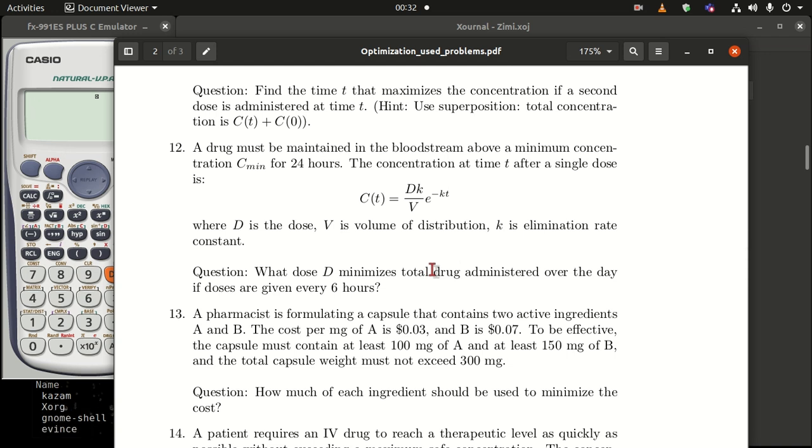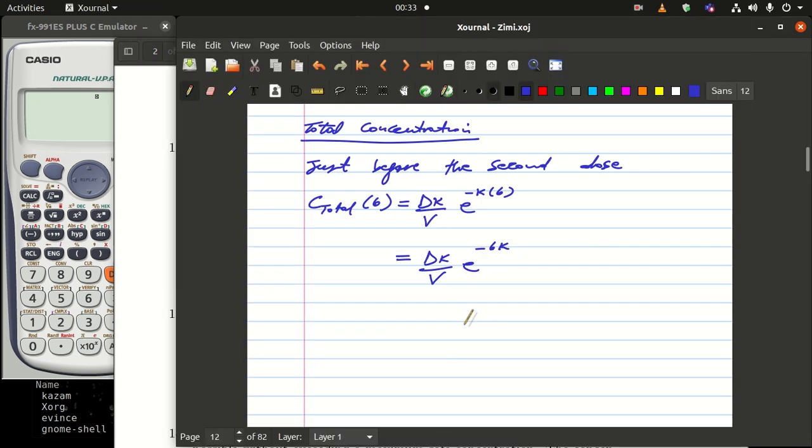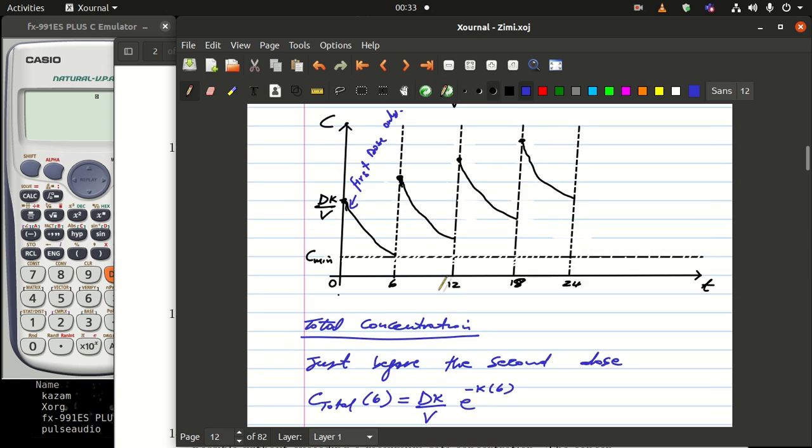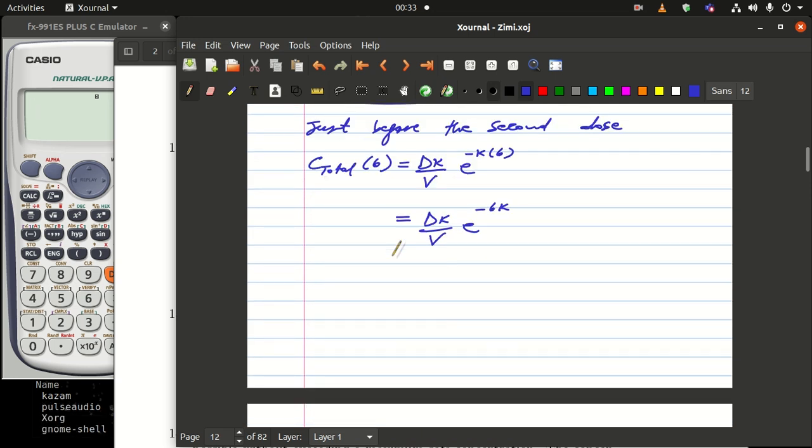In other words, we also want to make sure that the concentration is above this C min there. Take note that before the second dose, which will happen at this point, this is going to be the total concentration that we are having.